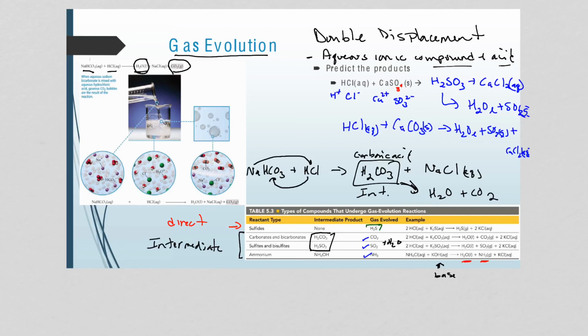We had acid-base neutralization reactions, where an acid plus a base gives you ultimately water plus typically an aqueous ionic compound. And we have gas evolution reactions, which involve typically the reaction of some ionic compound with usually an acid, or a base in the case of ammonium, and they lead to the production of a gas along with water and some aqueous ionic compound.